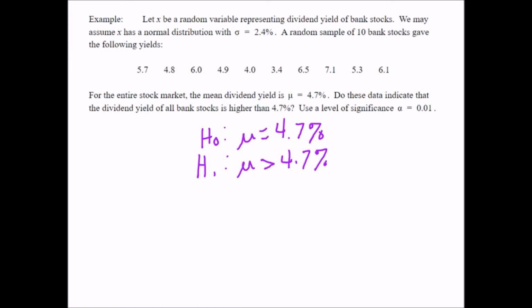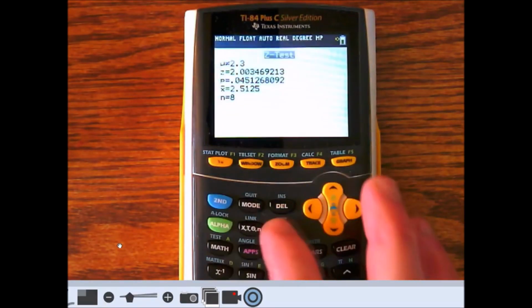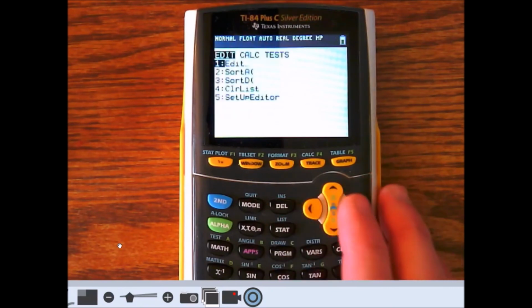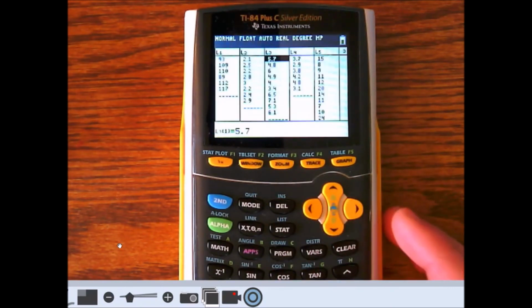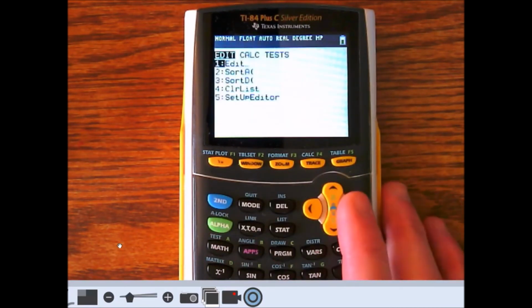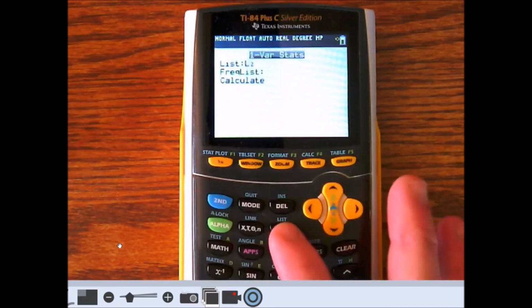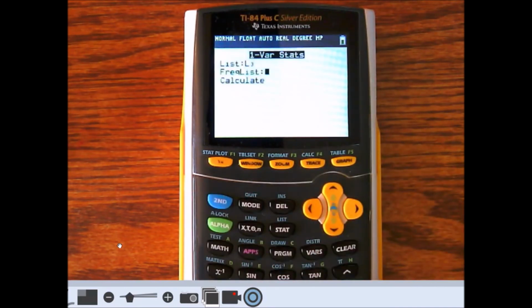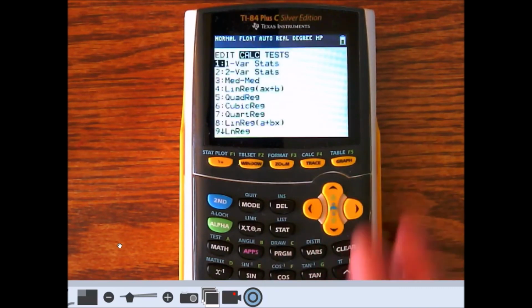Now the calculator can do it. Again, I have mine in stat, edit. I believe I have mine in L3. So I'm going to hit stat and calculate the sample mean. I have to change it to L3. So my sample mean is 5.38. Again, stat over to tests.